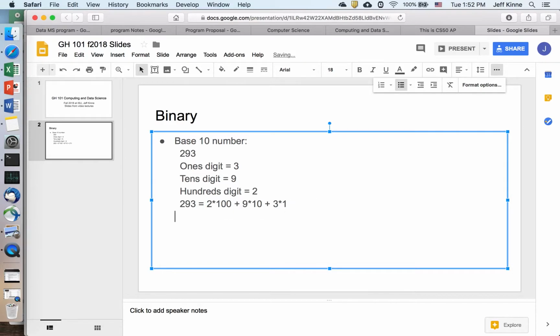Another way to write this is 2 times a power of 10. So what power of 10 is 100?